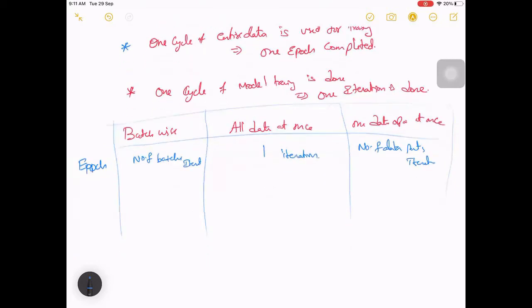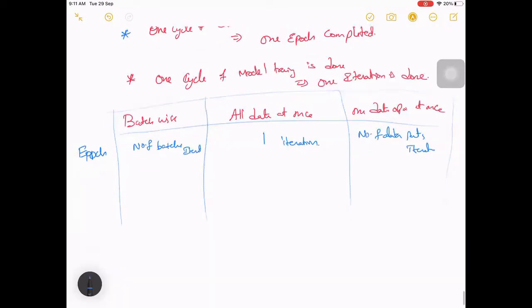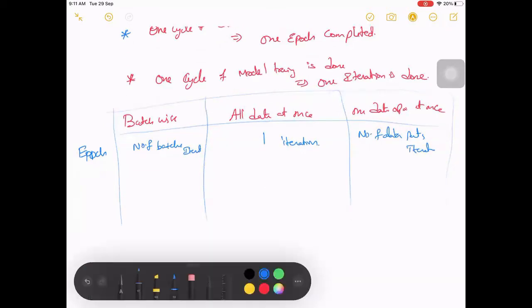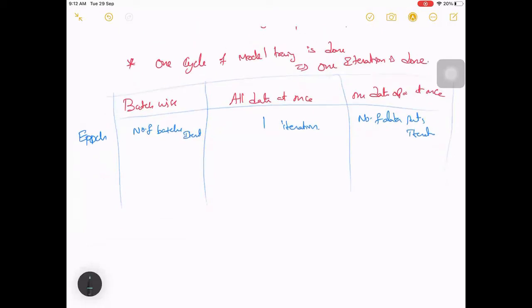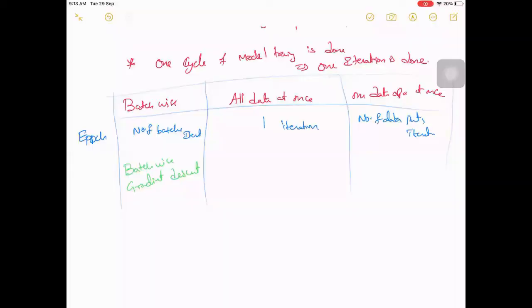So there are names for each of them. We don't call them batch wise, all data at once and so on. The names given are: we call the batch wise one batch gradient descent, or we can also call it mini batch gradient descent.